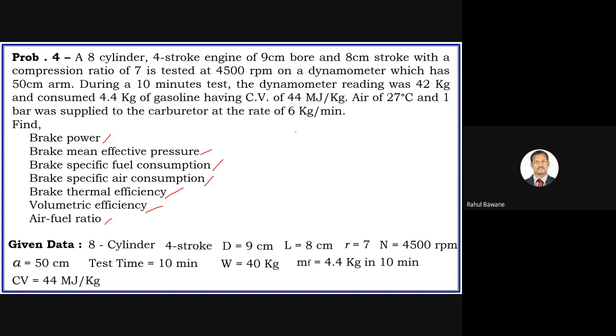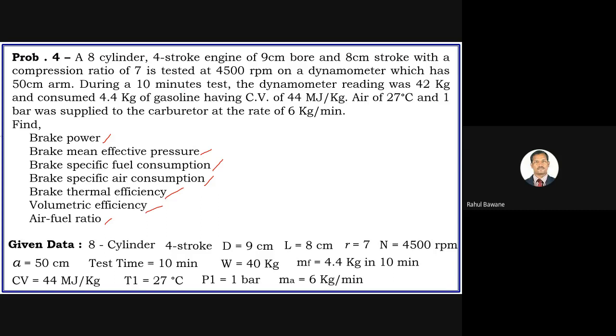Air of 27 degrees centigrade and 1 bar was supplied. So whatever be the air supplied, it has a temperature of 27 degrees and pressure 1 bar, to the carburetor at the rate of 6 kg per minute. So mass of air flow is given, that is 6 kg per minute.